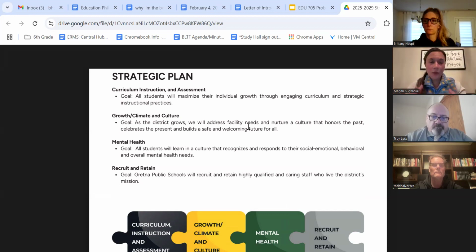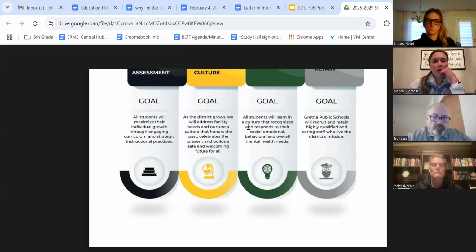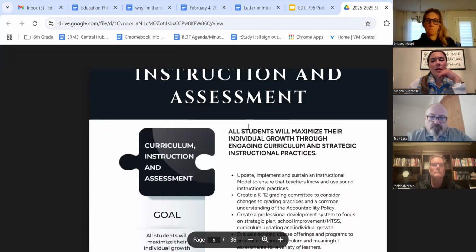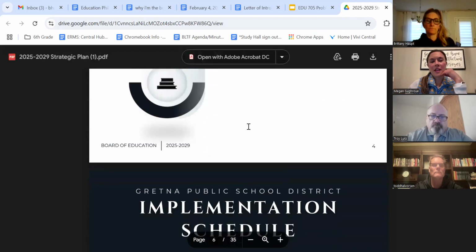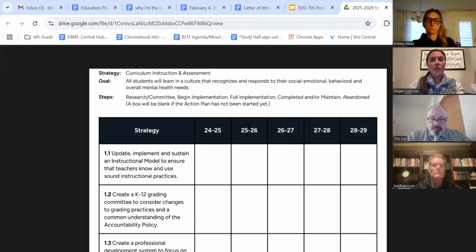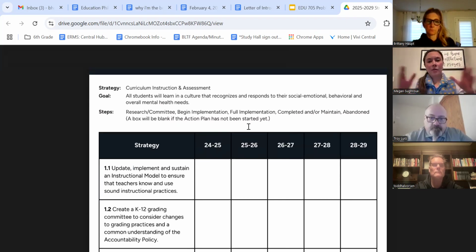But then as you keep scrolling, you'll see they break down each goal even more into sample action steps. So if we scroll down a little bit, you keep going to the next one. So here's the curriculum one. Yeah, you can go down. And this is the implementation schedule. So they have it each year because you do your strategic plan for 5 to 6 years.